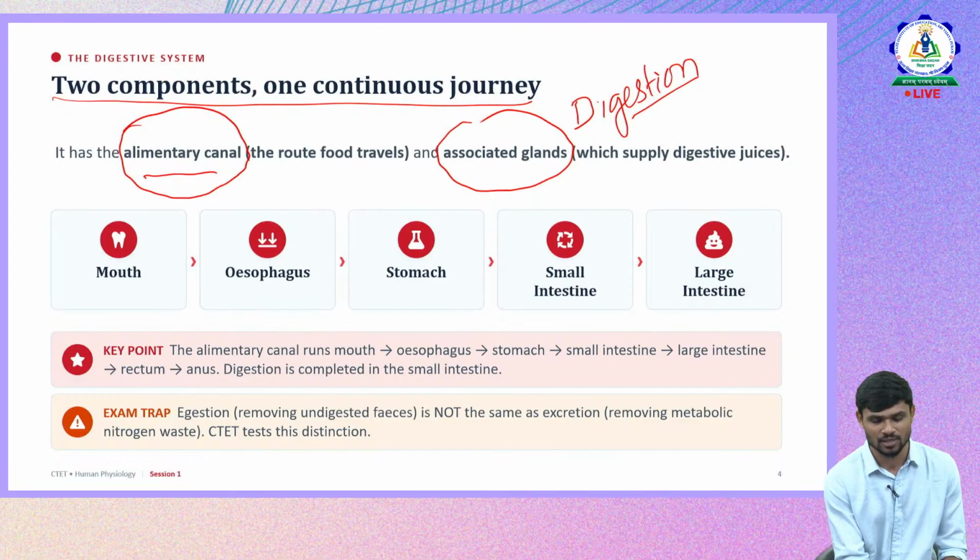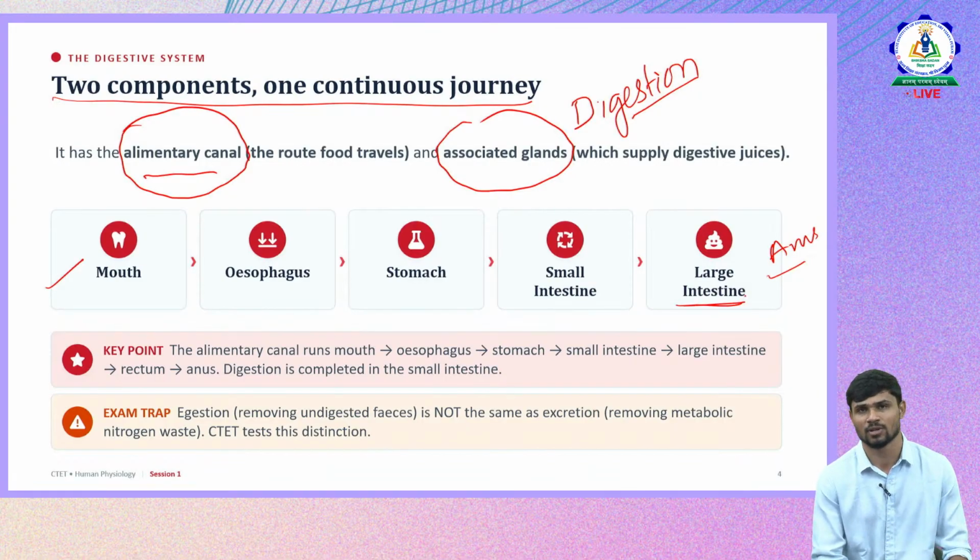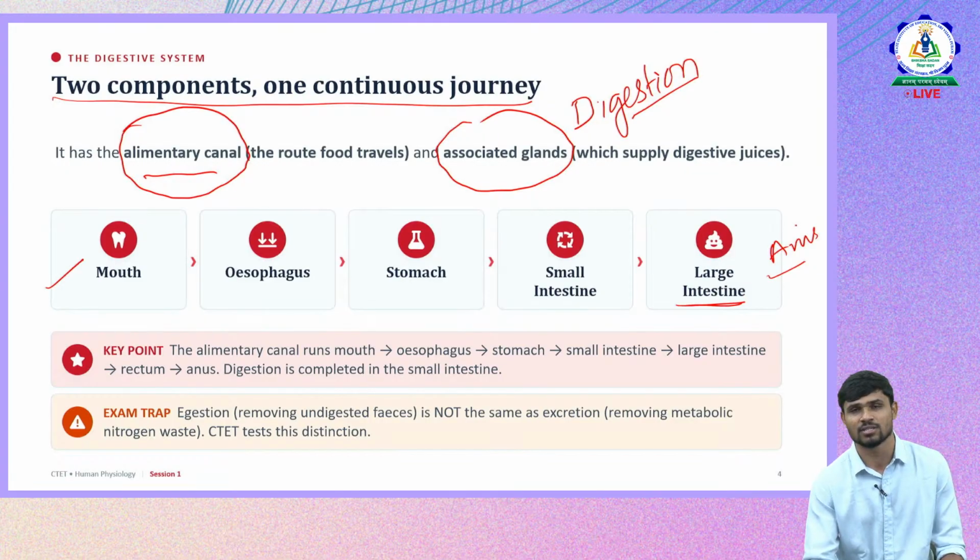The alimentary canal starts from the mouth and ends at the anus. Here only till the large intestine is given, as it is with respect to the digestion process, whereas in the anus it is just the removal of the undigested food.